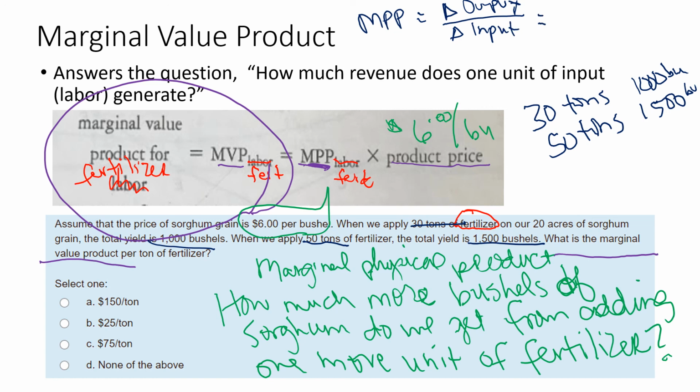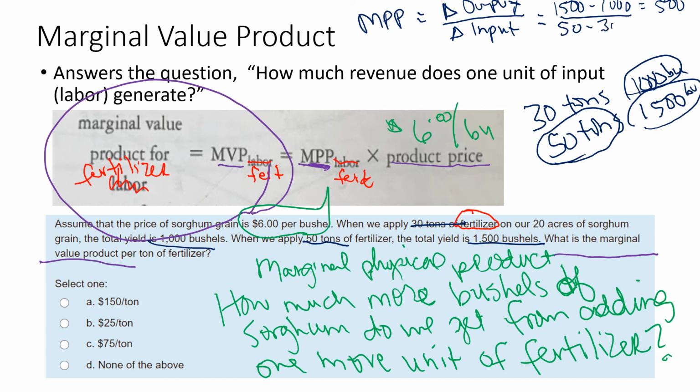Our change in output, we went from 1,000 bushels to 1,500 bushels. So it's 1,500 minus 1,000, which is 500, right? Divided by our change in input. Our input went from 30 to 50. So 50 minus 30, which is 20.